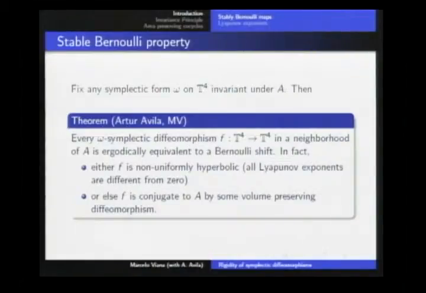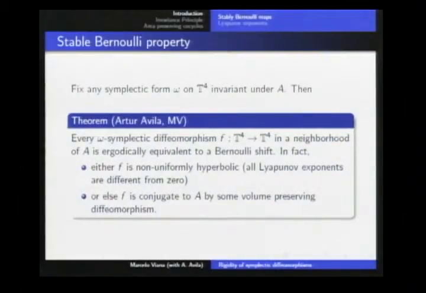Because otherwise, in the complementary alternative, your map F is actually conjugate to the unperturbed linear automorphism. So either you move the exponents away from 0, or else that's because you actually did not perturb your map at all. Your perturbed map is actually conjugate to the original one.